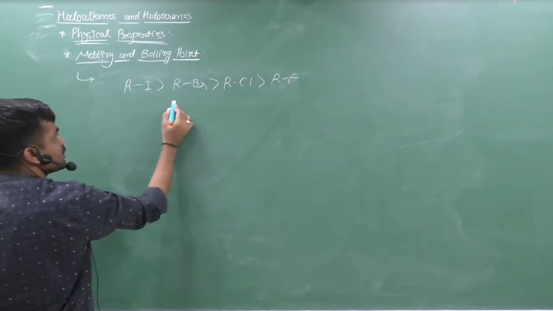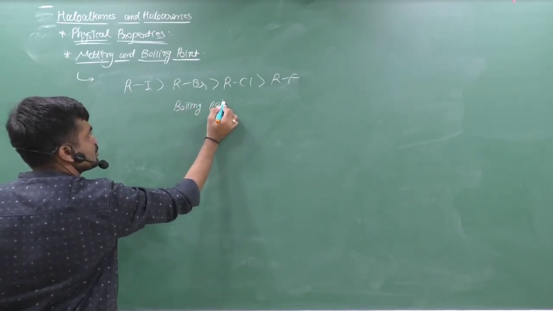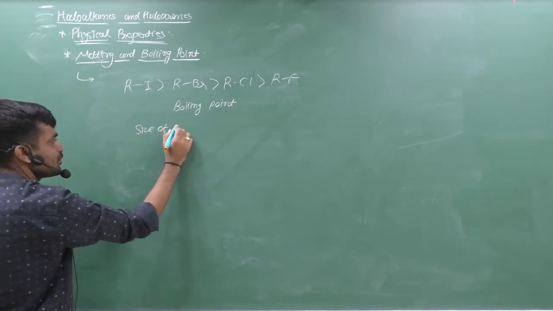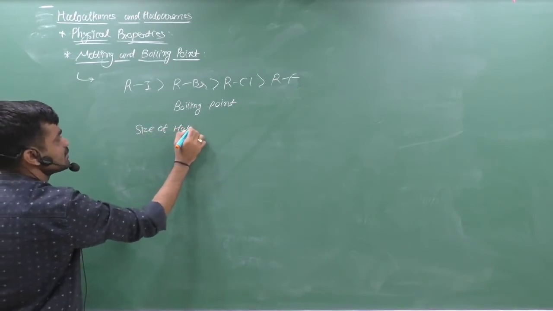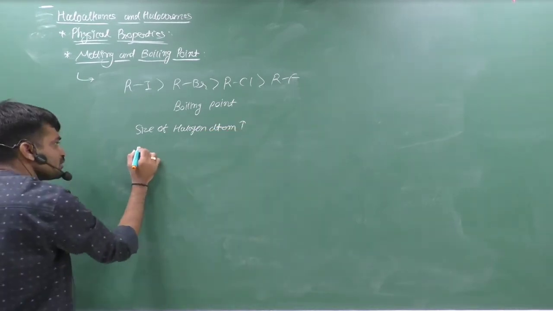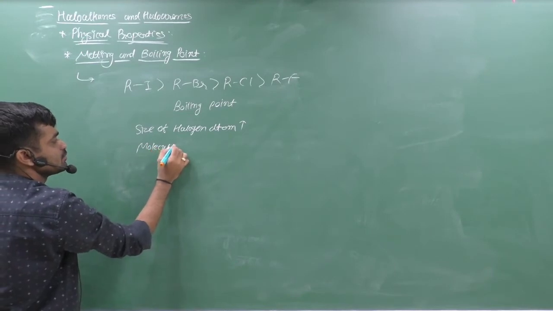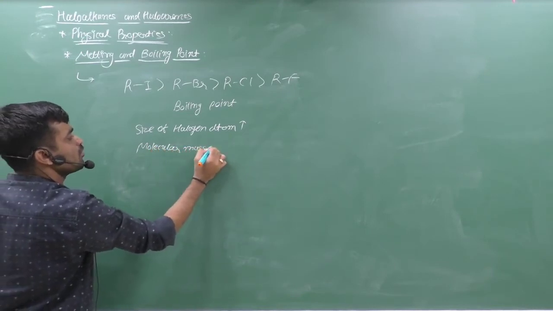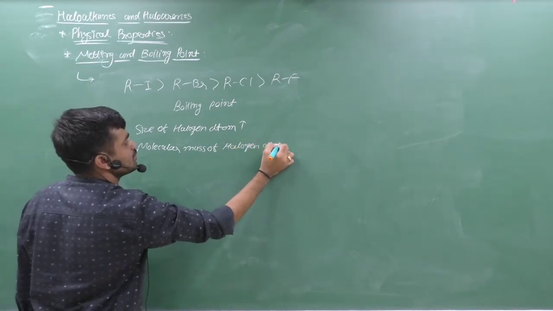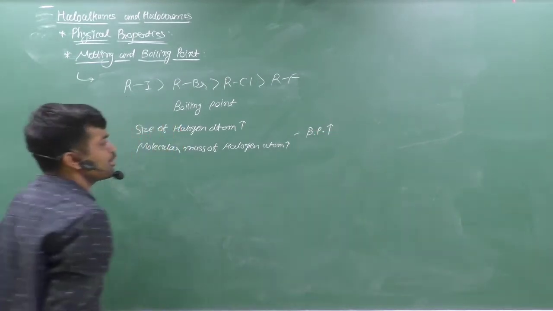If R is the same, then the trend of boiling point is such that as the size of the halogen atom or the molecular mass of the halogen atom increases, the boiling point increases. Why does the boiling point increase?